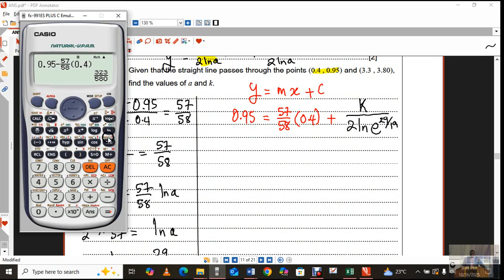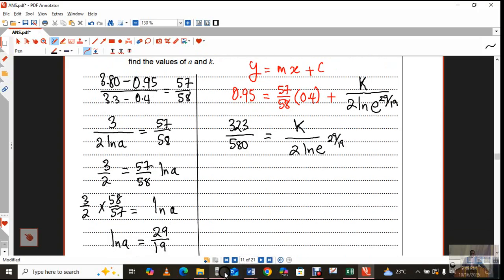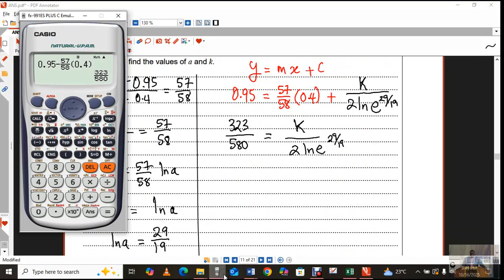Okay, so this answer is going to be 323 over 580. So that's 323 over 580, and that's going to equal k over 2 times the natural log of e raised to 29 over 19th. I'm just going to clean this up in a bit. Okay, make sure we are at the correct answer.